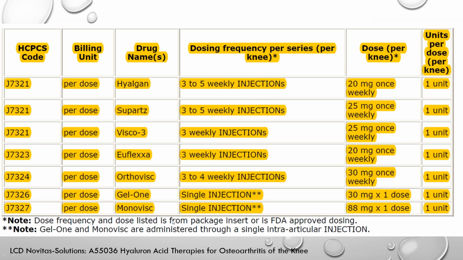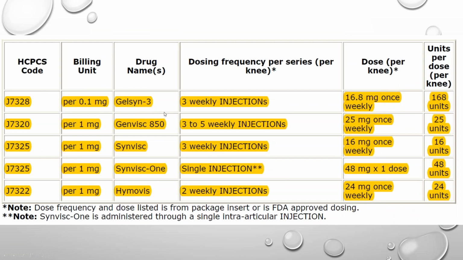So be aware of the dosing frequencies of these different types of drugs that you may be using for the arthrocentesis procedures, and here are the rest of them. It also gives you the recommended dosages per knee, for example, how many milligrams should be dosed within that particular injection.